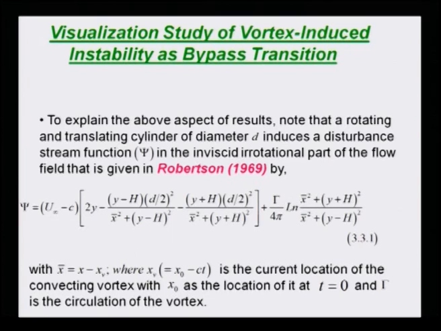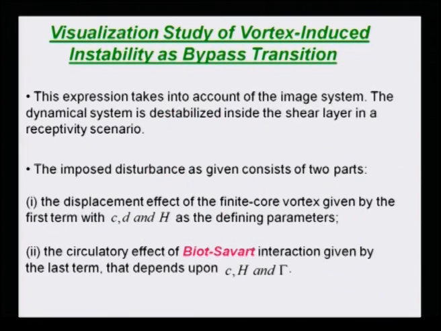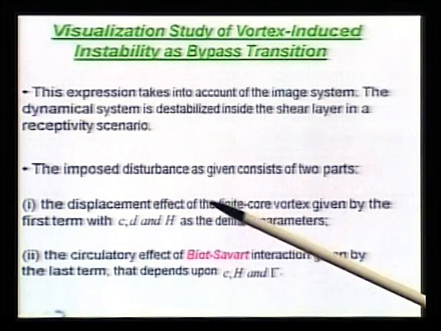Now, you have this expression for psi. So, there is every possibility that you could work these quantities out yourself. As I told you, the expression takes account of the image system, and the dynamical system is destabilized inside the shear layer in a receptivity scenario, because we are creating a definitive disturbance and we are studying the response.